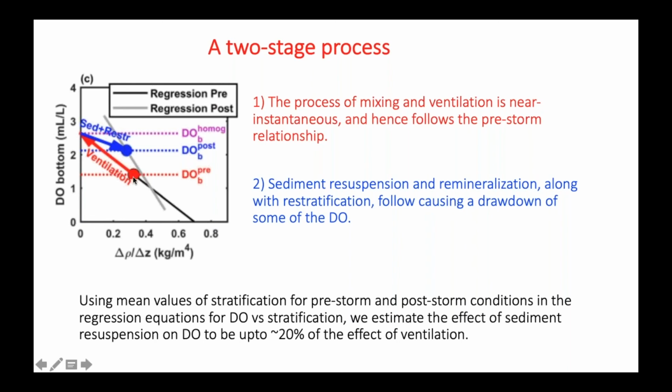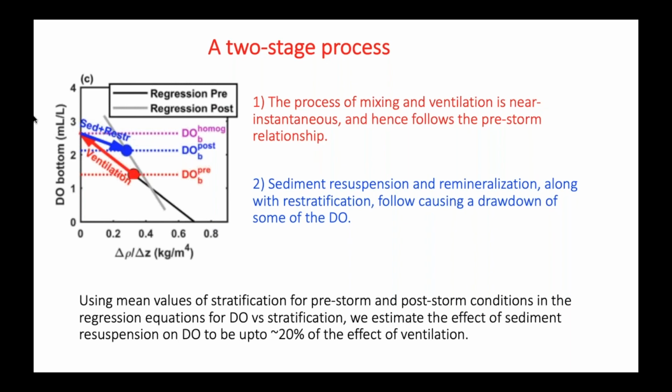This difference between the DO that we should expect based on this regression line and the DO that we find based on the post-storm stratification is, we believe, because of the additional drawdown of DO due to resuspended sediments, which remineralize and consume oxygen.